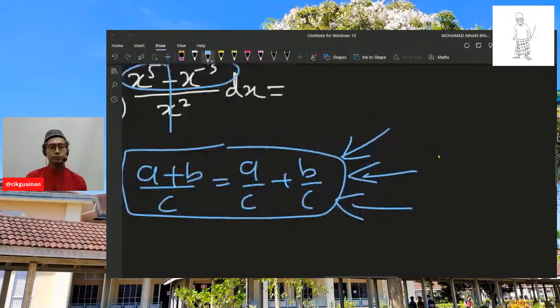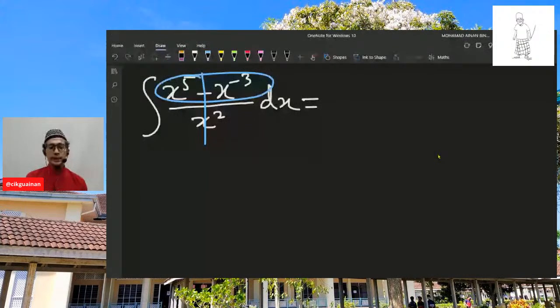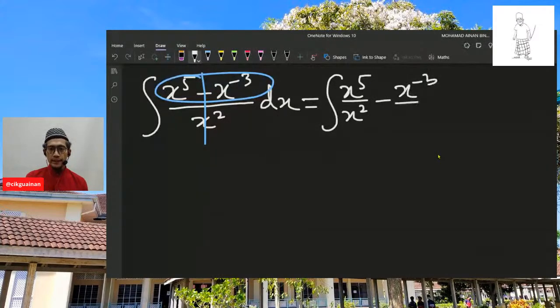Okay. Now, I forget what to do. Okay, this one, so we split them into two to get x power 5 over x squared minus x minus 3 power minus 3 over x power 2 with respect to x. Okay, next, what should we do? Simplify.